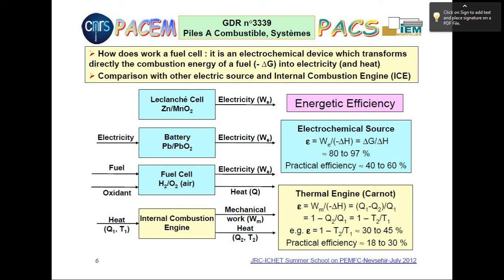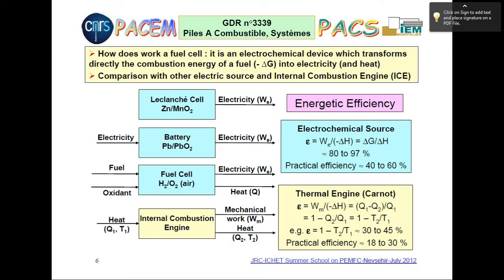With the battery, like lead acid battery, you have the possibility to make the reverse reaction, so it works in both directions. Oxidation of lead into PbO, reduction of PbO to lead, for example, and you can recharge your box of energy with electricity. So you can keep your device a long time. For example, in your car, you can keep for 5 years, 8 years if you have a good lead acid battery.